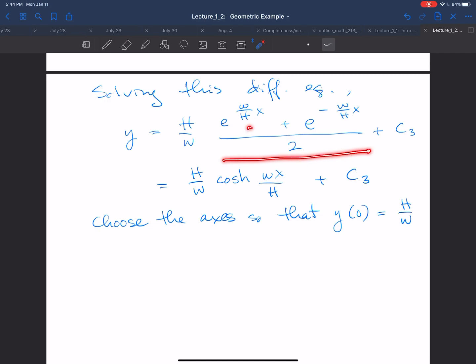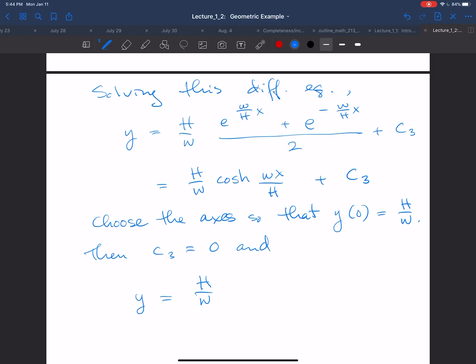Both of these exponentials will turn out to be 1, so this whole thing will work out to be 1. And then we will get h over w from this term, so C3 will just be 0. So then we get y equals h over w times the cosh of wx over h.